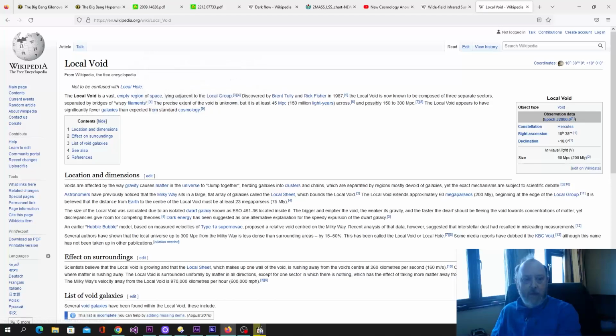The precise extent of the void is unknown, but it is at least 45 megaparsecs, 150 million light years across. Boötes is 330 million light years. Eridanus is about 500 to 1,000, or a billion light years across.